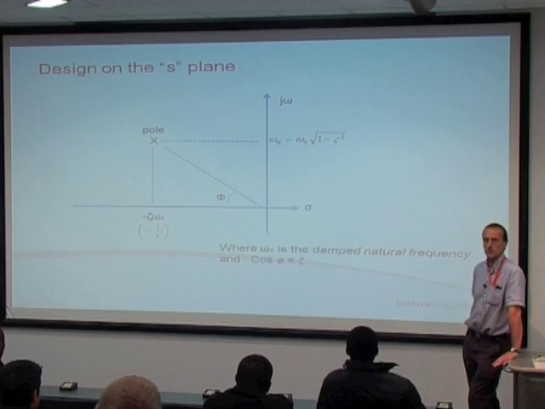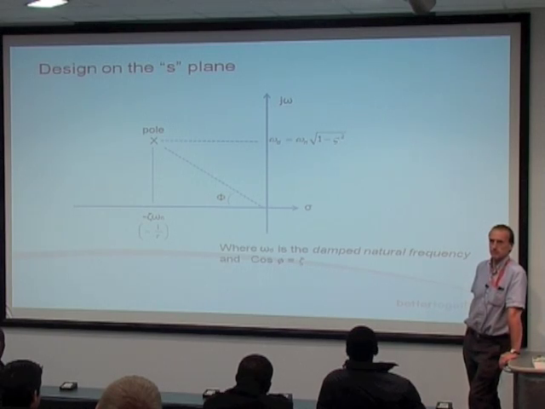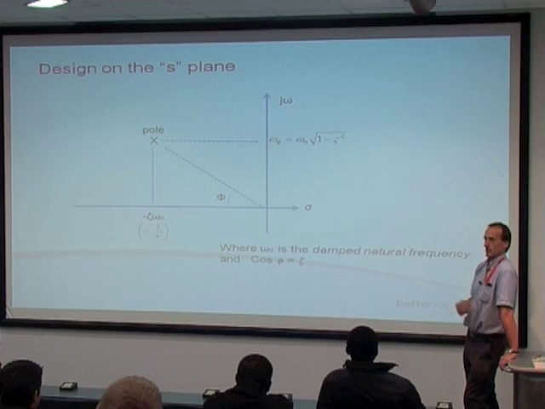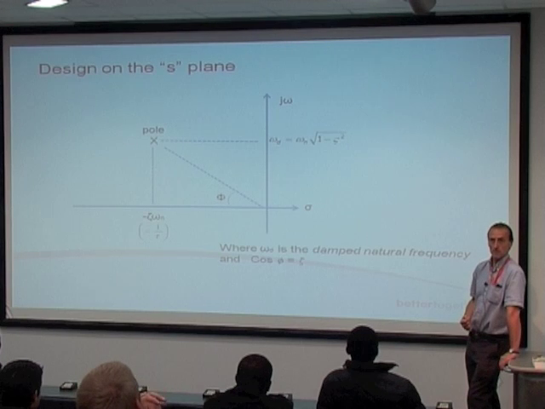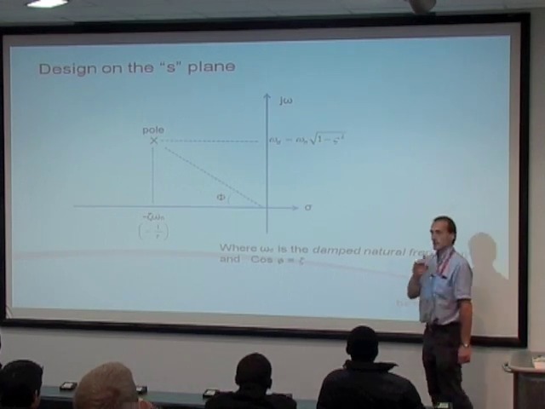I keep everything else the same, omega n, but if I make zeta smaller, what do you think is going to happen to that pole? That way? Just level? It will be in an arc, absolutely. Okay, don't know if that's what you meant.